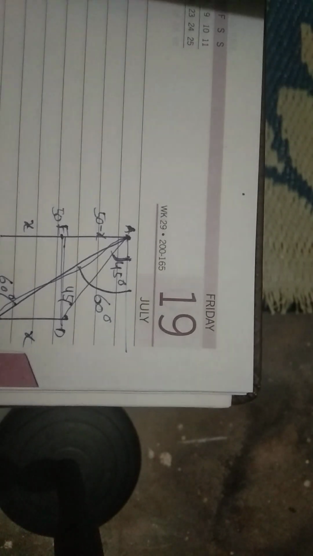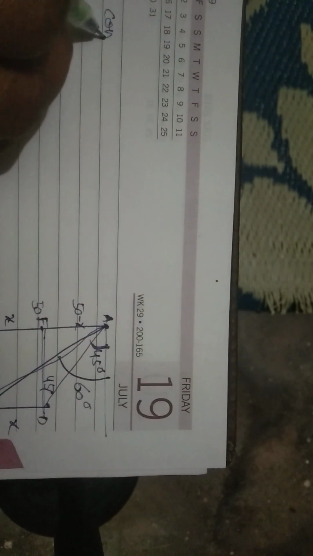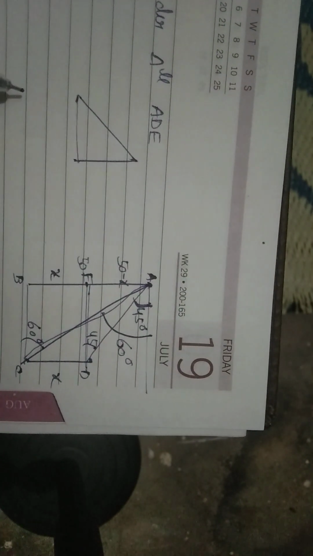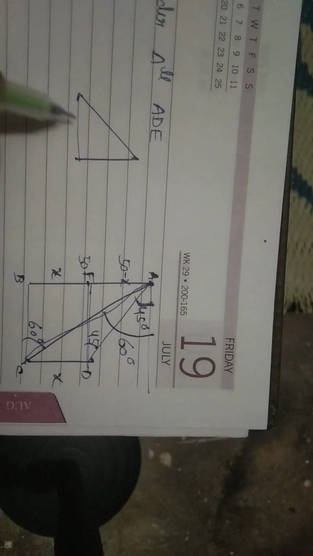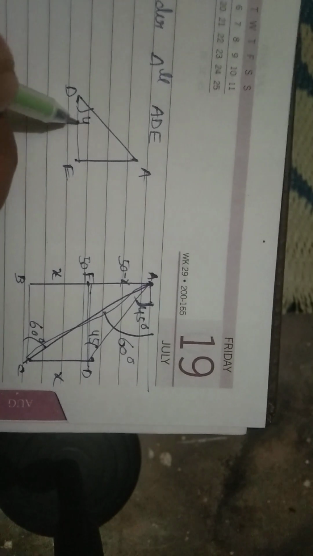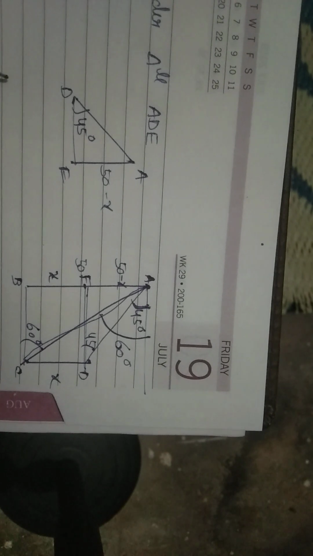Now what we will do, we'll consider triangle ADE. The angle of depression is 45 degrees, and this side will be 50 minus x, right?